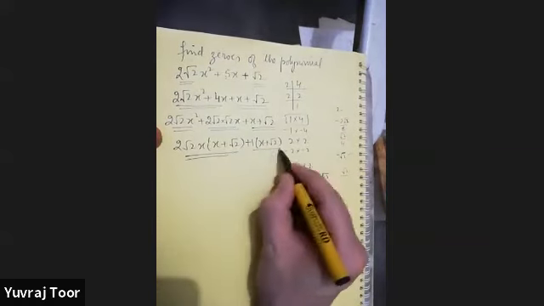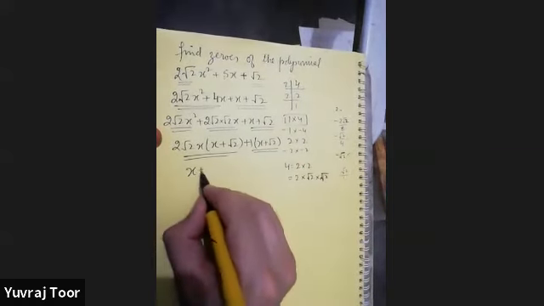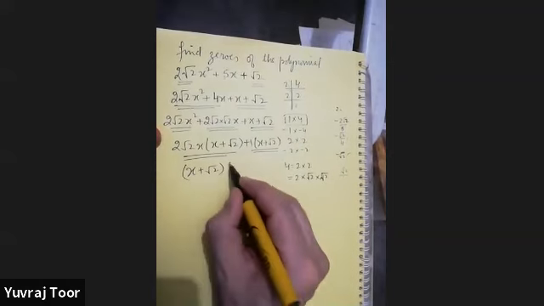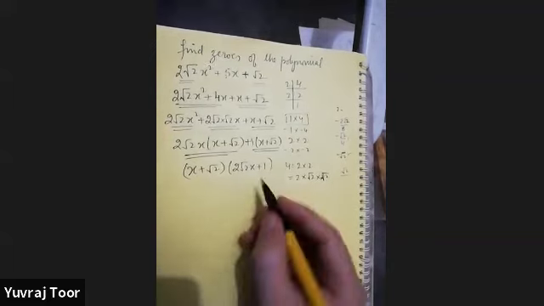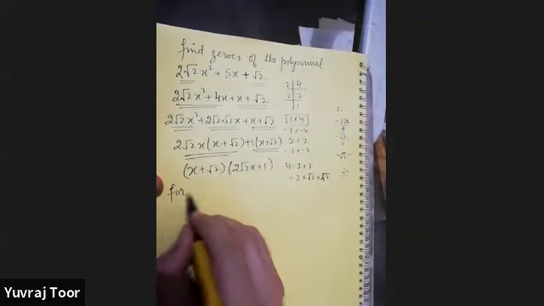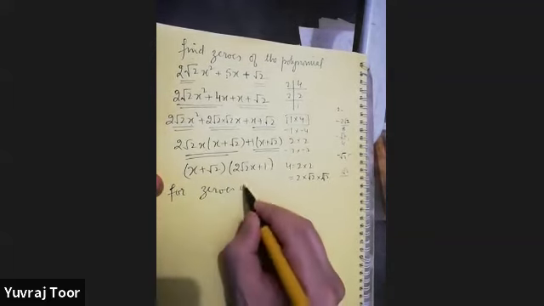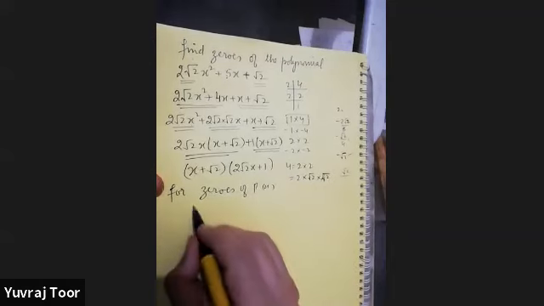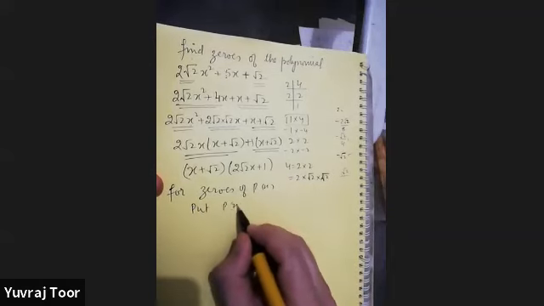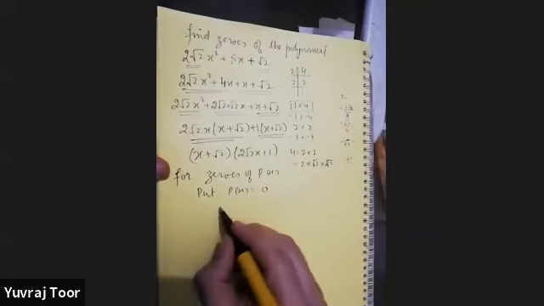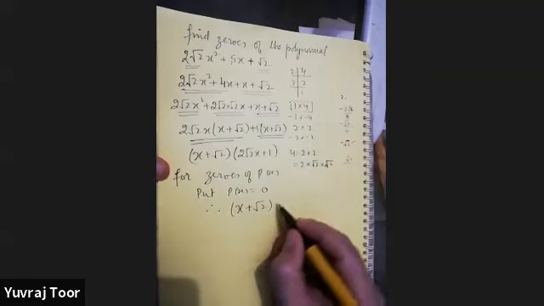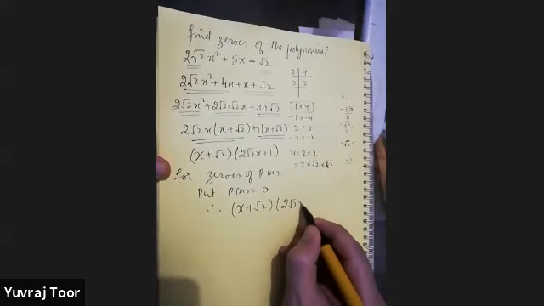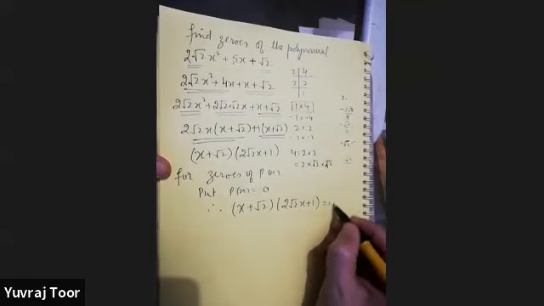Now from these two we have x plus root 2 common, 2 root 2 x plus 1. Now for zeros of polynomial, put the polynomial equal to 0. Therefore, x plus root 2 into 2 root 2 x plus 1 equals to 0.